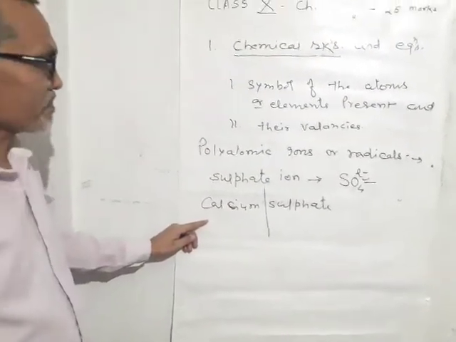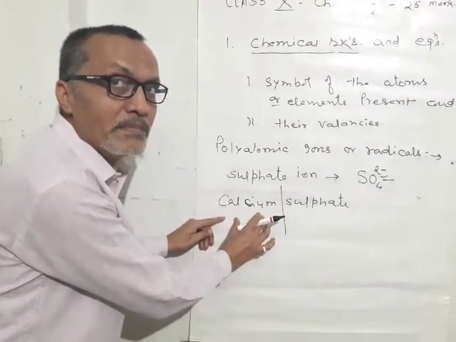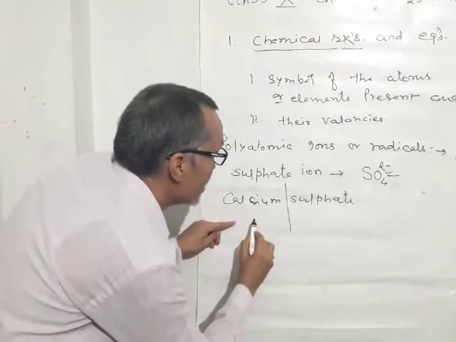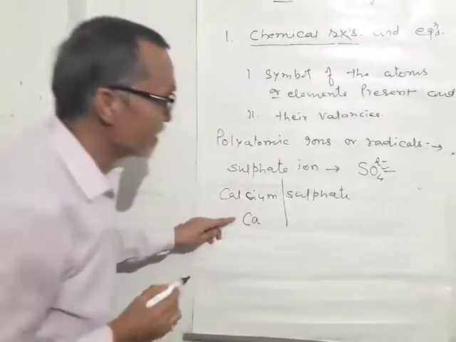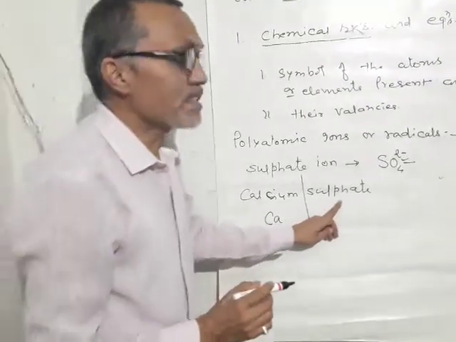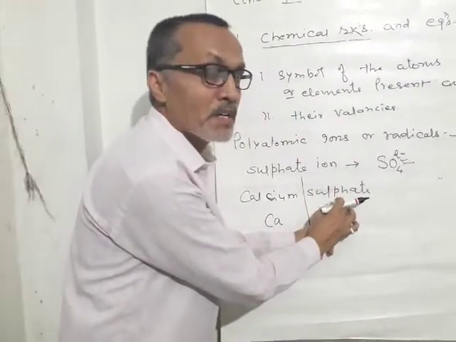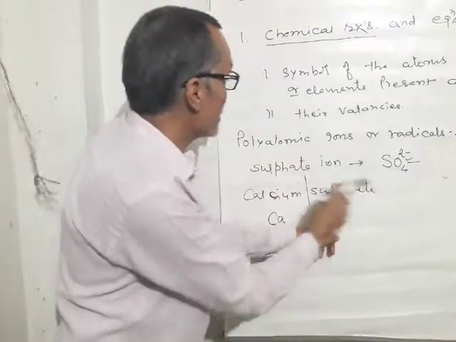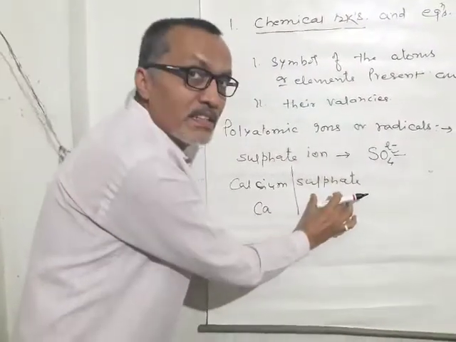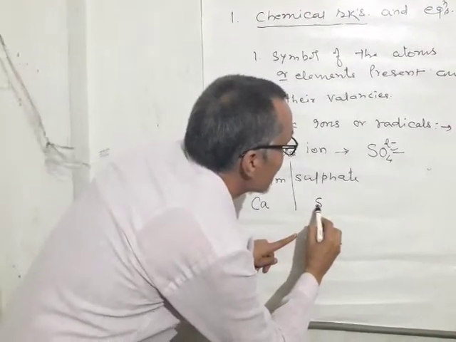Students, you already know calcium is an element, so it is represented by its symbol, which is Ca. Now the second part is the sulfate part. See here, sulfate, which is a polyatomic ion. So it will be in the group of atoms, which is SO4.